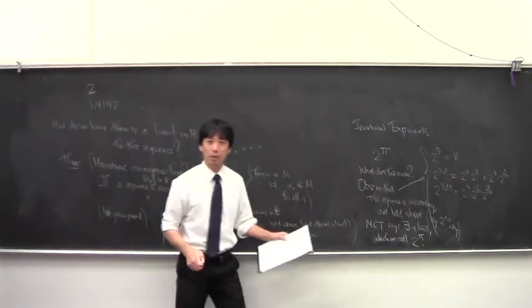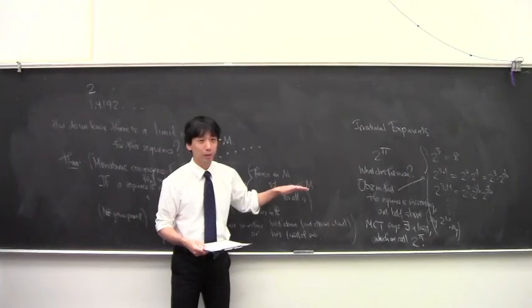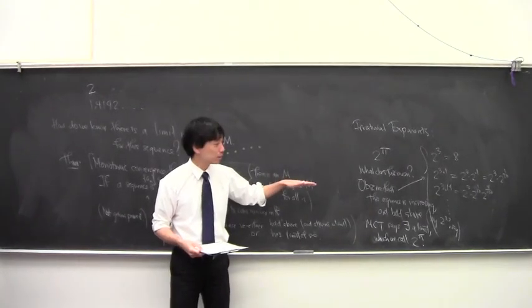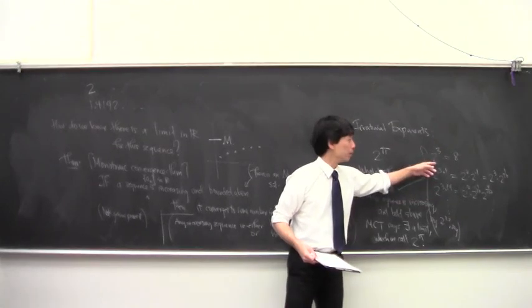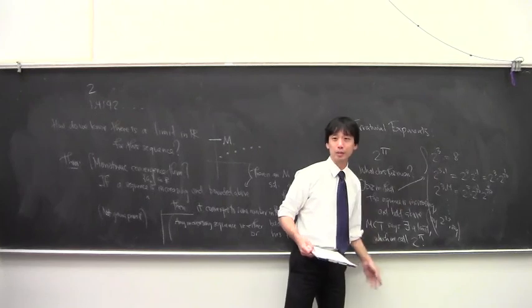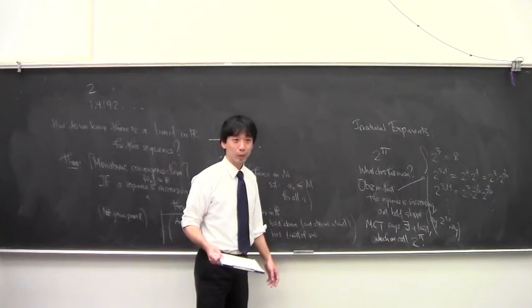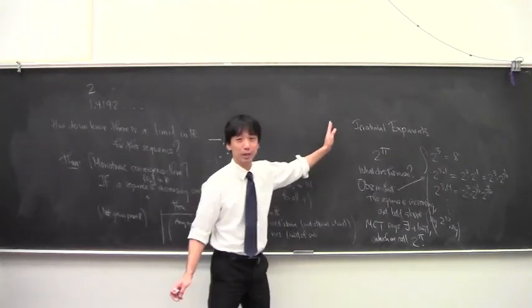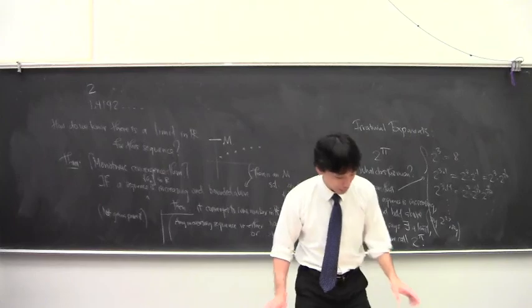So that's what 2 to the pi means. 2 to the pi is the limit of the monotonic increasing sequence that you get by looking at the powers of increasing accuracy. So that's how you get irrational exponents, which you didn't have before. Okay, that's it for today.